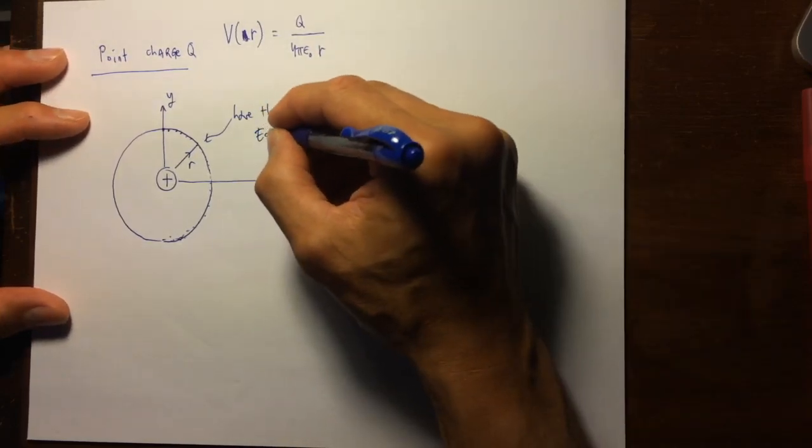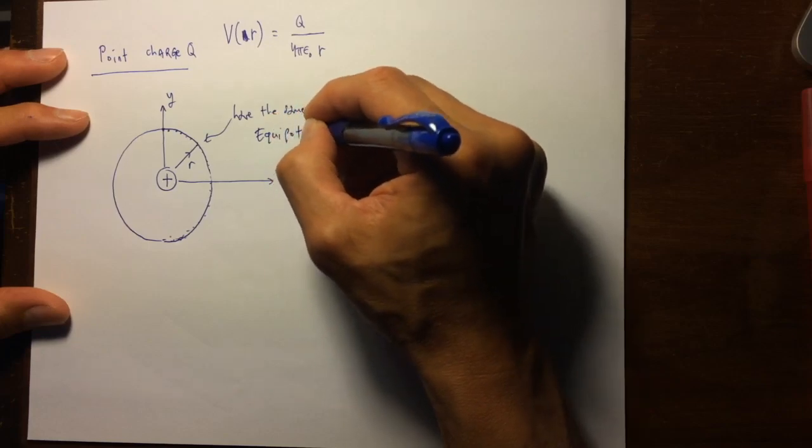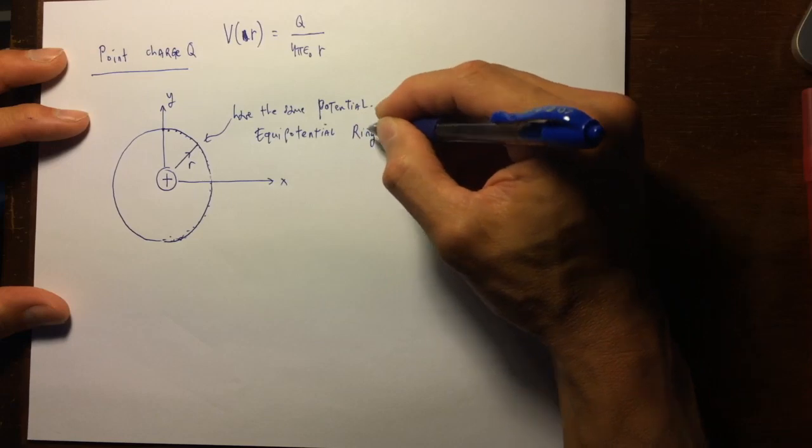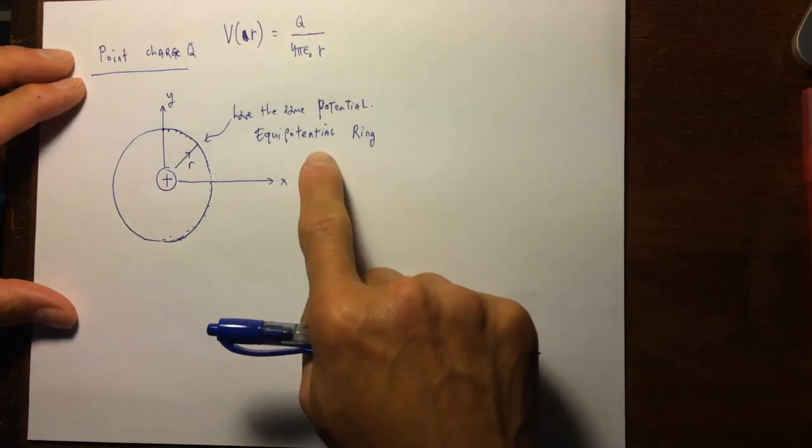This is an equipotential ring, right? But it's not a surface.